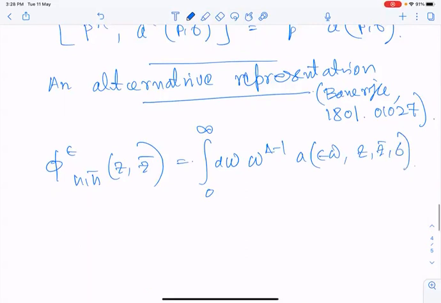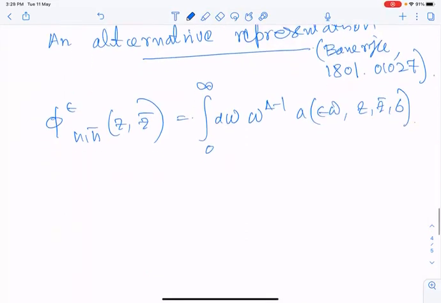Okay, and what you can do is define a Heisenberg picture operator, basically a time translation.